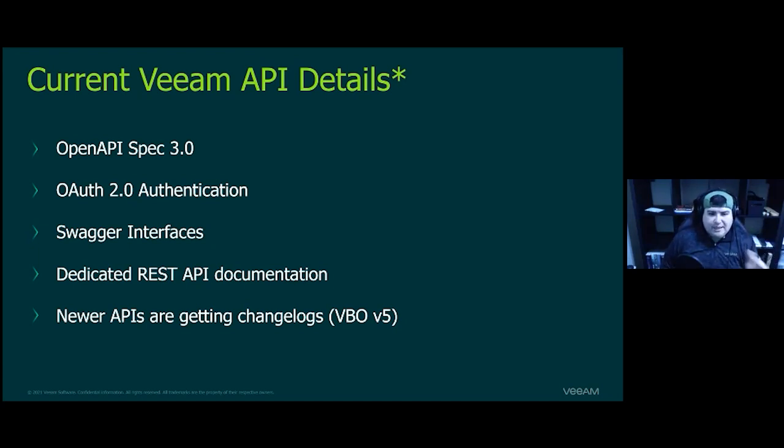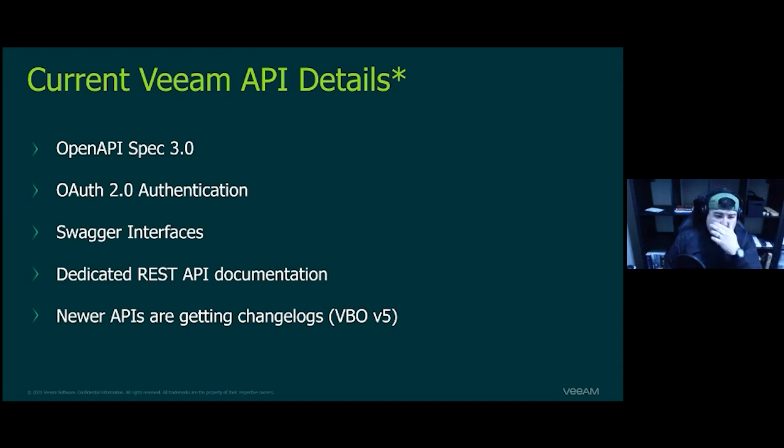So there's dedicated docs and even a big change that I will show y'all for VBR v11, where the documentation for the APIs is coming a long way, and it's making it very, very user-friendly for people that are even totally net new to consuming APIs at all. And the newer APIs, specifically VBO v5 was the one that had this the most apparent, are actually getting change logs. So you can see what's changing in every version of the API, which was not a thing that we had in the past.